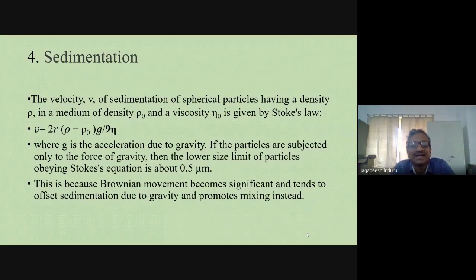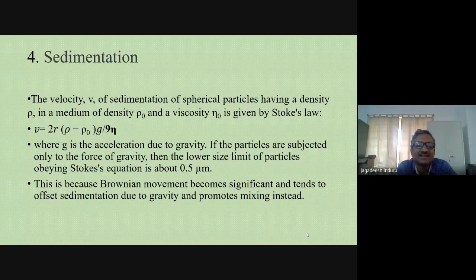If the particles are subjected only to the force of gravity, then the lower size limit at which the particle obeys the Stokes equation is about 0.5 micron. Below this, Brownian motion becomes significant, offsets the sedimentation due to gravity, and promotes mixing instead.